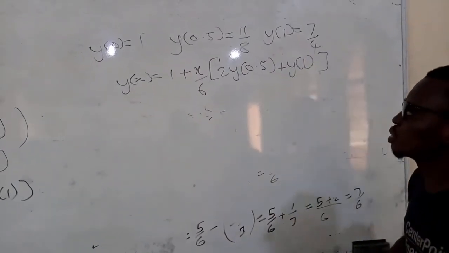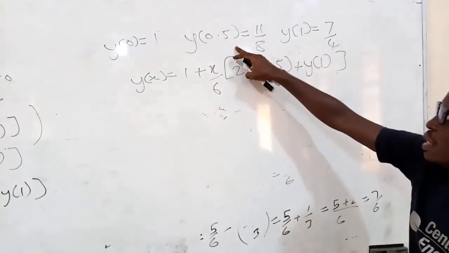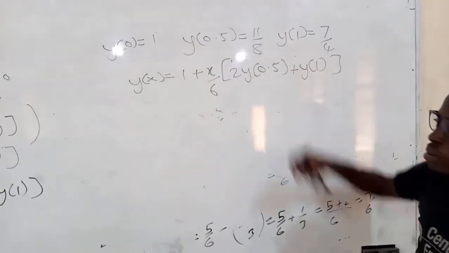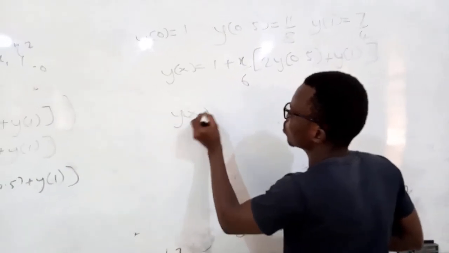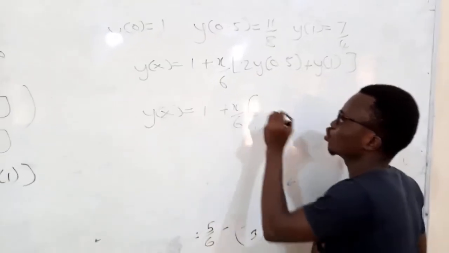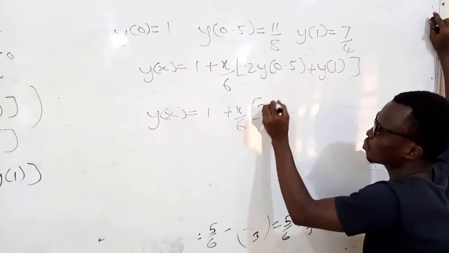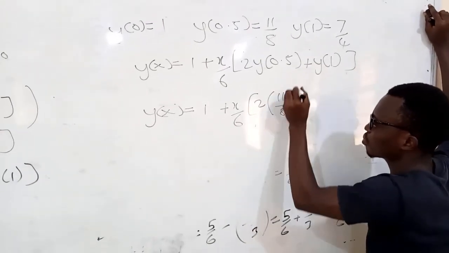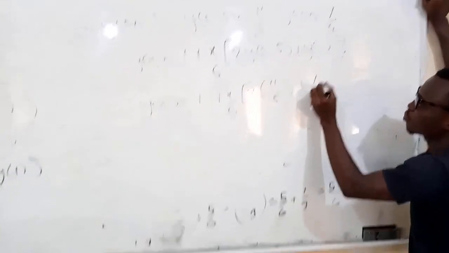Now let's substitute this y of 0 to be equal to 1, this and this into this equation. I'm going to have y of s to be equal to 1 plus s over 6 into bracket 2 times 11 over 8 plus y1, which is the same as 7 over 4.